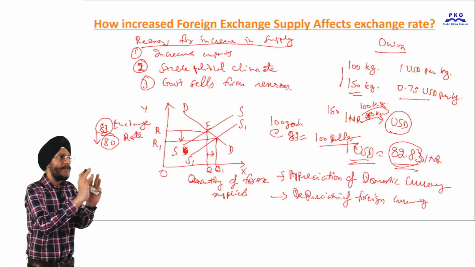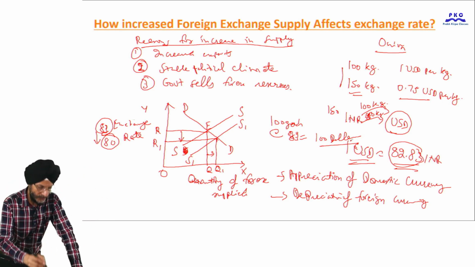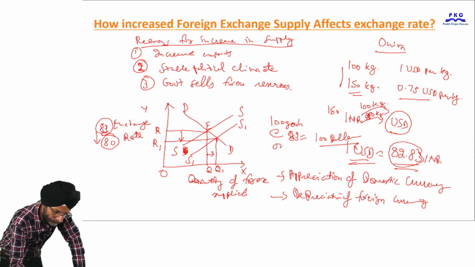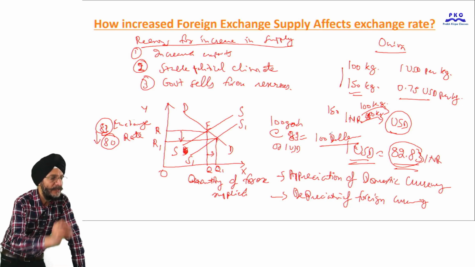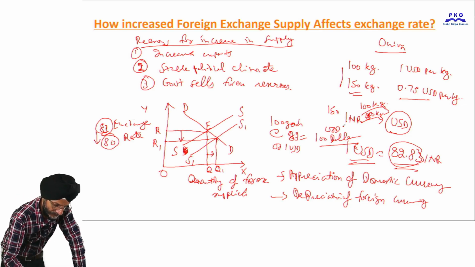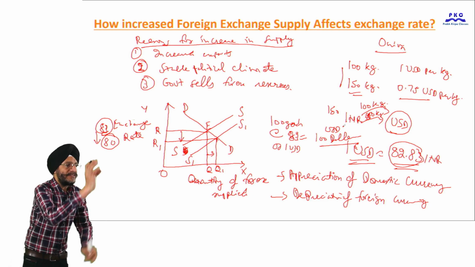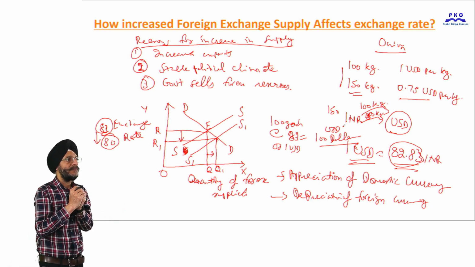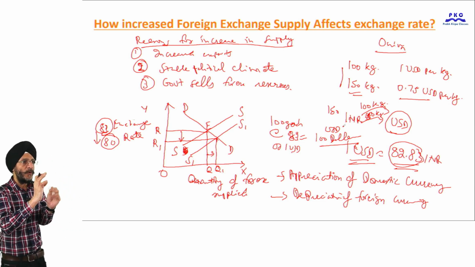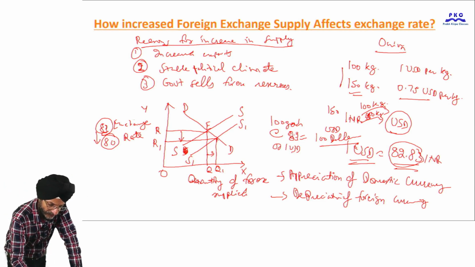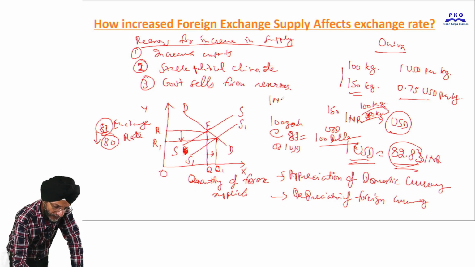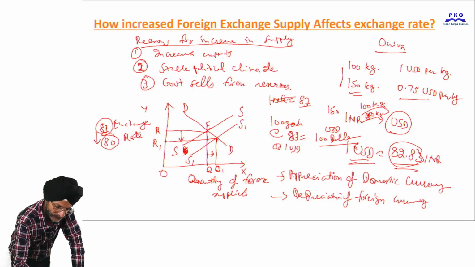If they were purchasing 100 goods at the rate of 83 for $1, they were paying only $100. But to get the same 100 goods, the price of the goods in Indian rupee is the same, 83.